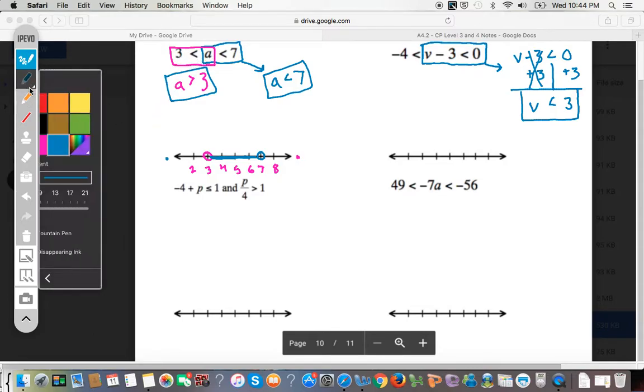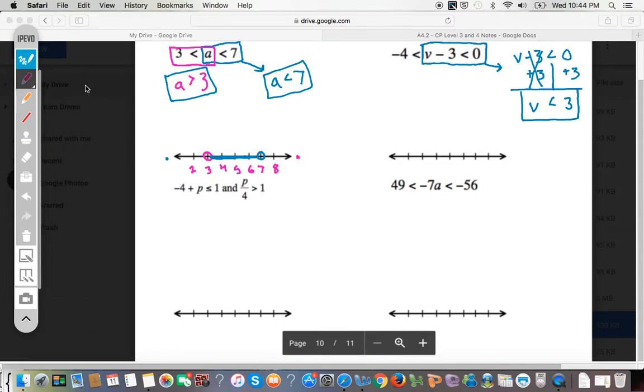Okay, so let me get my other color. Now I'll take a look at this part of my inequality. I'm going to flip this around again. So I have v minus 3 is greater than negative 4. I will add 3 on both sides.